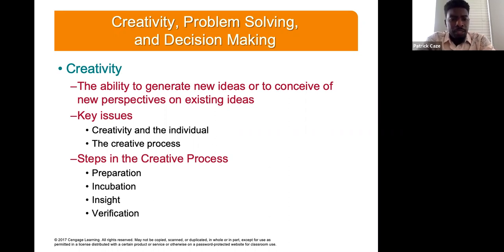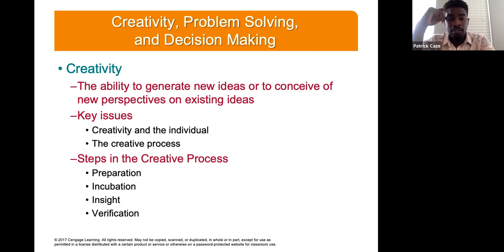All right. Steps in the creative process, of course, is preparation. You prepare whatever idea it is that you have, and some of the things that go along with it. Incubation, you let it sit. It's kind of a marinating process, or just a reflection time. To really think about, okay, this is the idea I have, or this is the decision, or the proposal I'm gonna pitch.